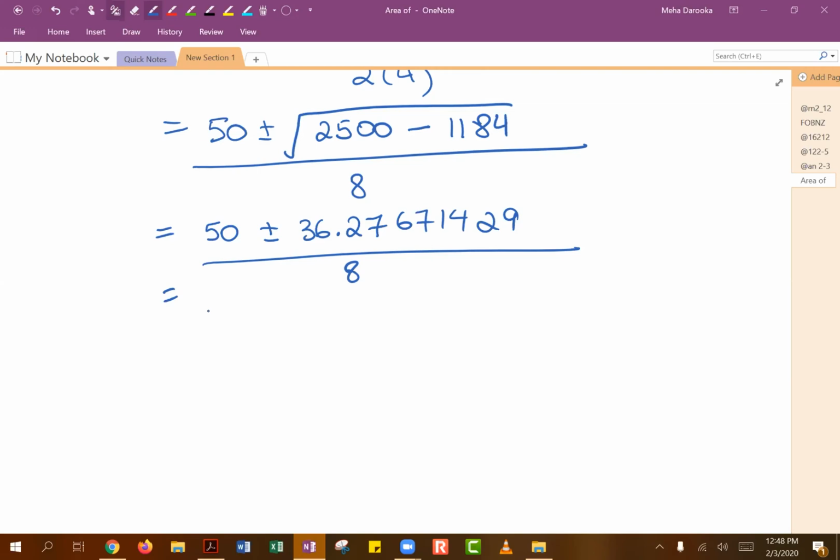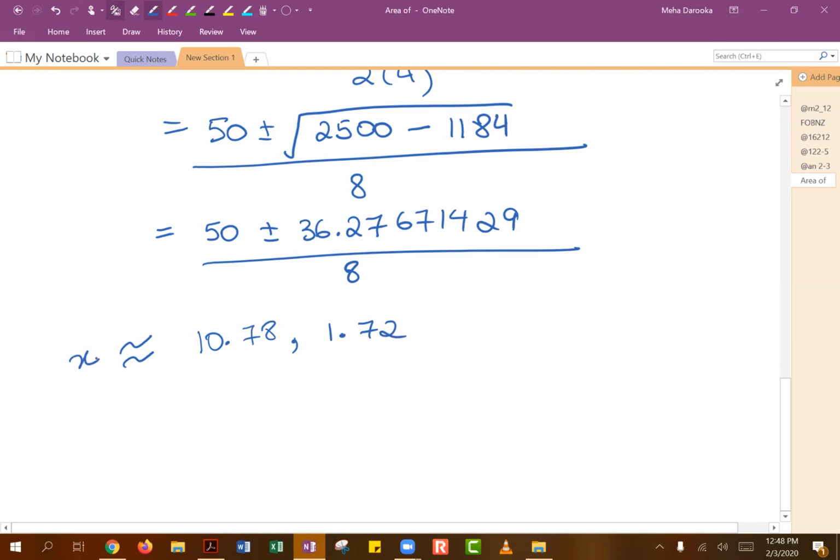So this will actually be an approximate. This is coming from the 50 plus, which comes out to be 10.78. If I did 50 minus the 36.27, divide that by 8, 1.72.